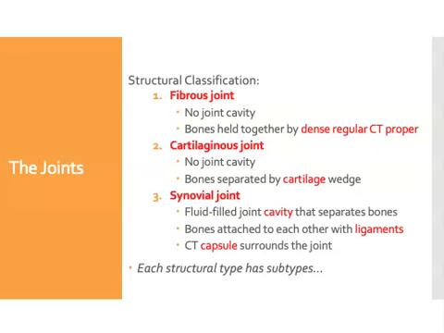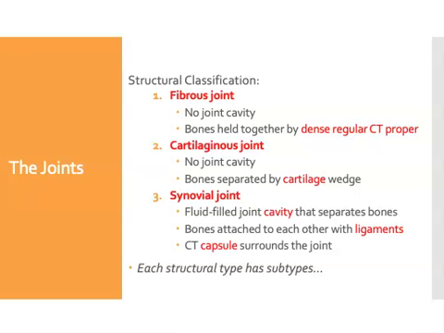So the bones are in close approximation to each other, and they are held together by dense, regular connective tissue proper. Cartilaginous joints, too, have no joint cavity between the bones, but instead of having dense, regular connective tissue between the bones, there's going to be a wedge of cartilage present, hence the name.